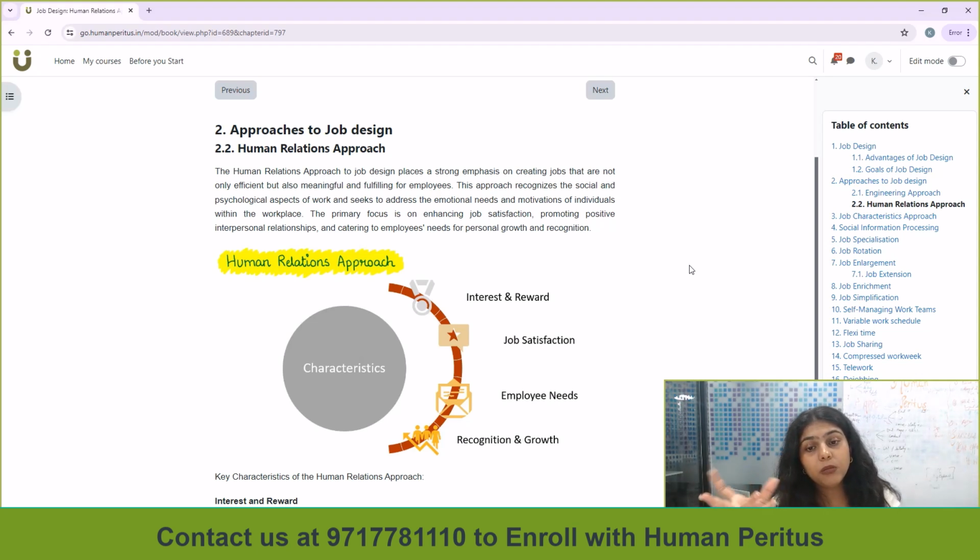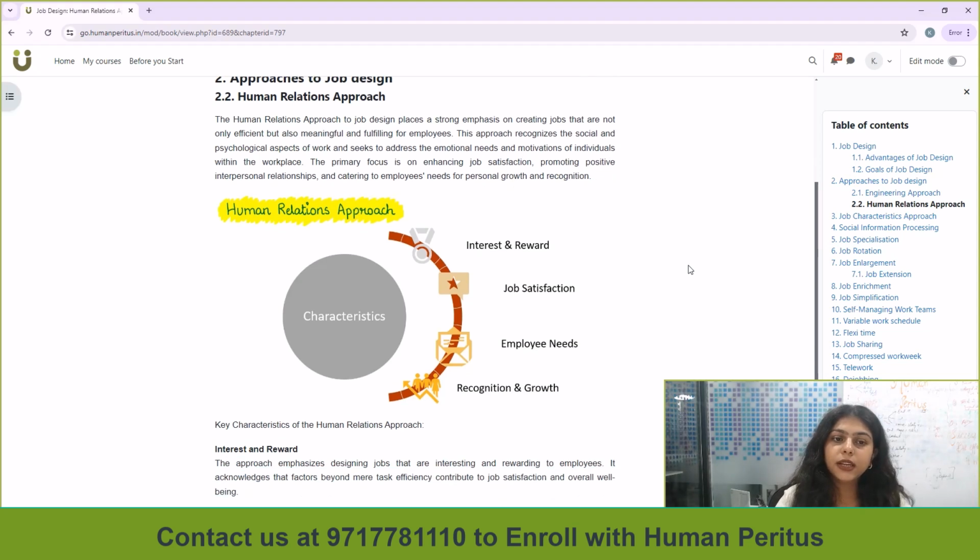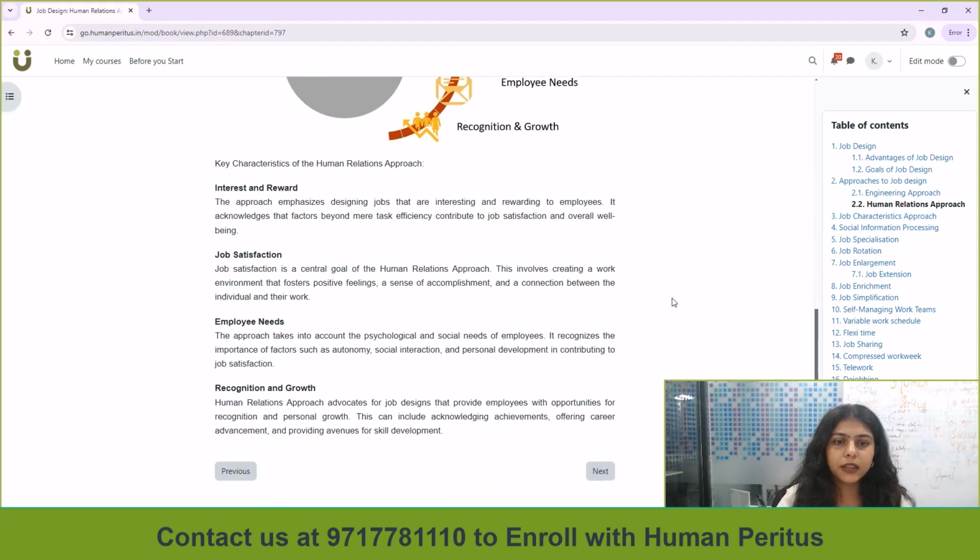There were several motivation factors, so these jobs rewarded the employees for their work. In this approach, the management is very supportive, and the employees' social and psychological needs are given a lot of preference and importance. Now, what are the key characteristics of this approach?